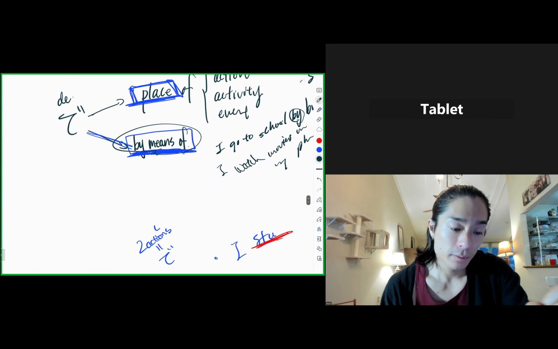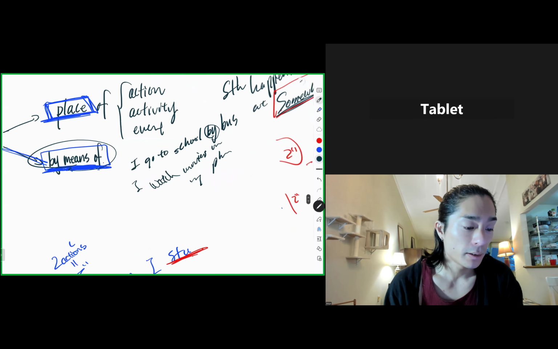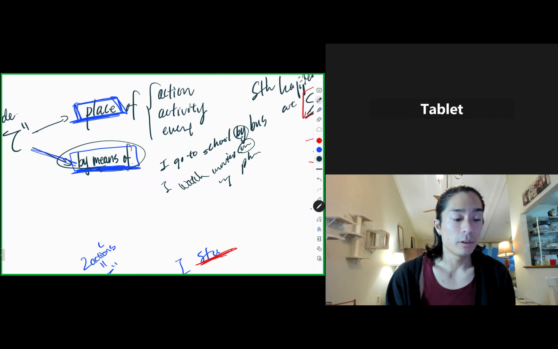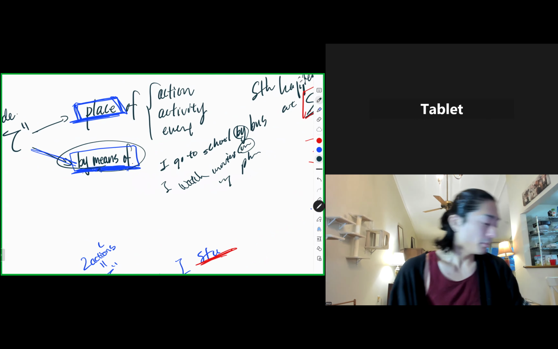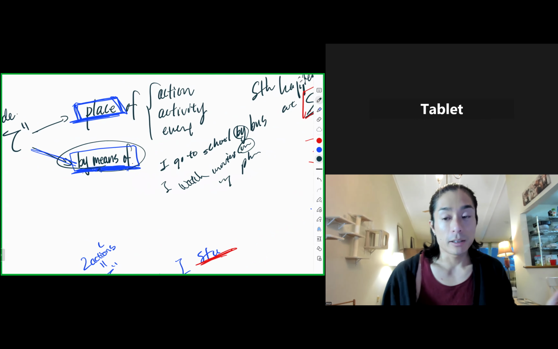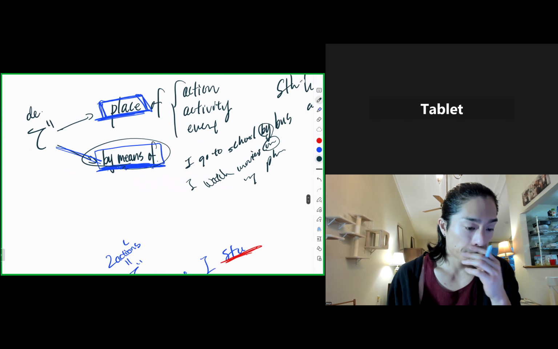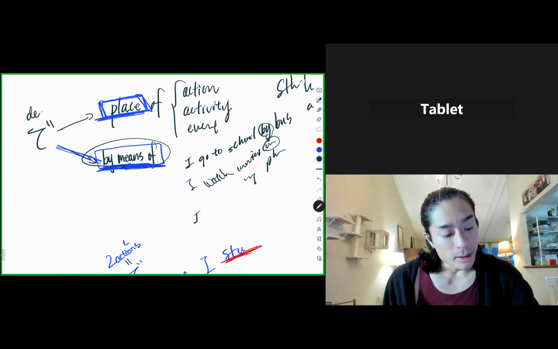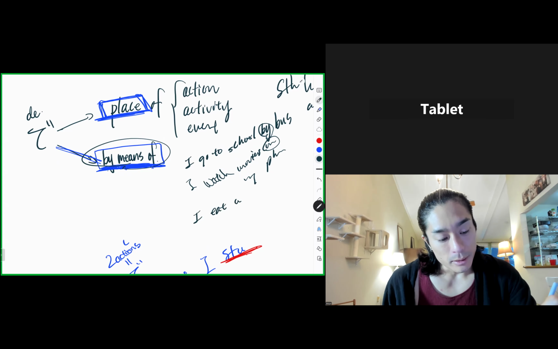This one too, we can paraphrase, replacing on with by means of. I watch movies by means of my phone. I know it sounds weird, but we can technically still do it, right? I eat with chopsticks, for example.